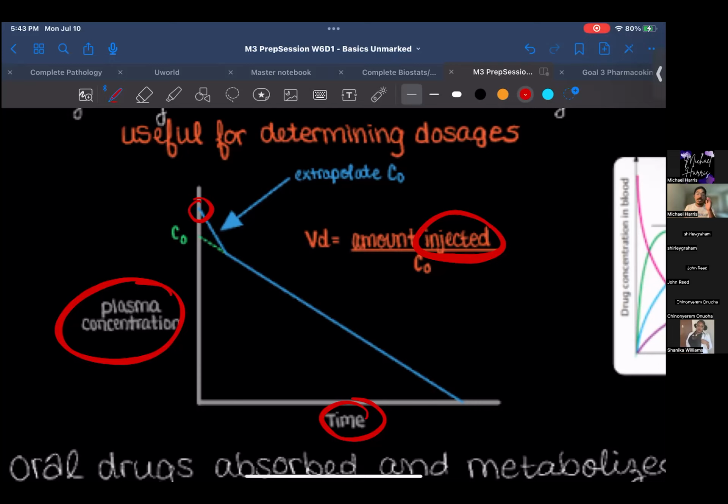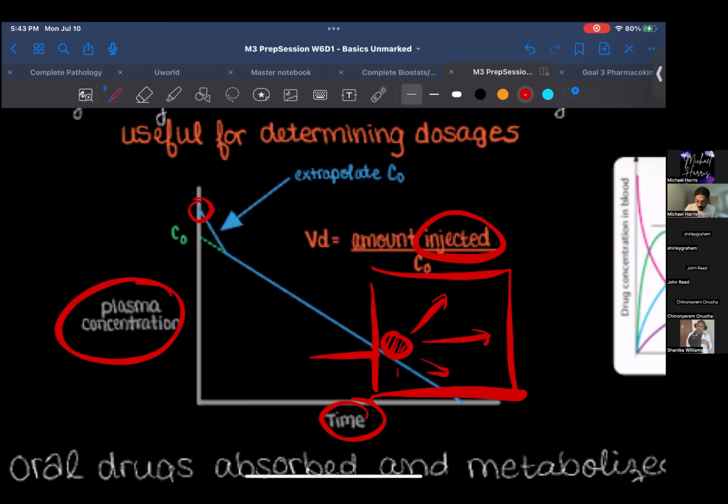Because when you initially inject the drug, it's going to dissipate into the tissues very quickly. You got to think, if you have a container and you put a little drop of dye here, it's going to quickly dissipate into the surrounding water until it gets to a point where this water already has some molecules.